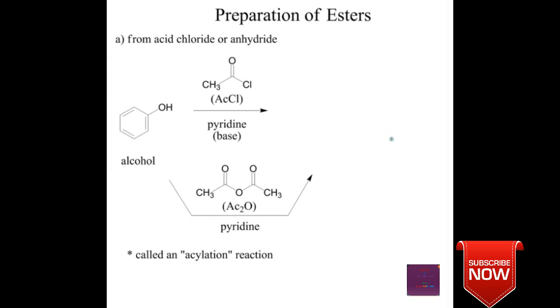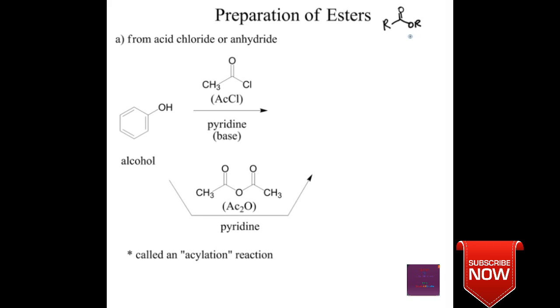Okay, how do we get an ester? An ester has an OR group attached to a carbonyl. There's many ways to make esters. And one possibility is to start with a better leaving group attached to a carbonyl and then introduce the OR group. So what better leaving groups are there?